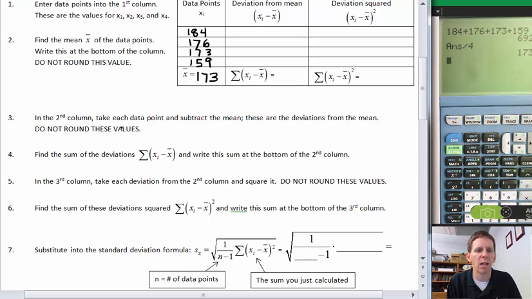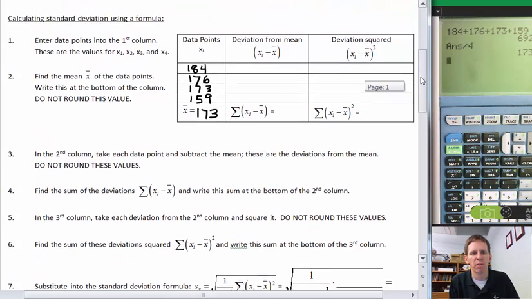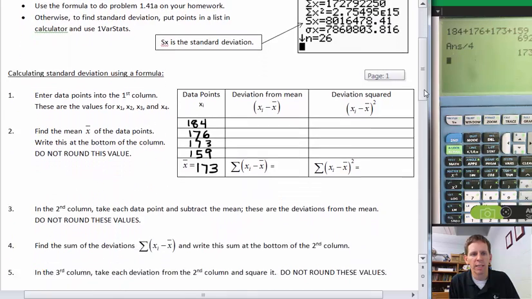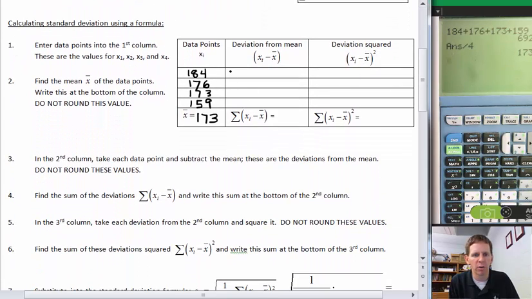Step 3, it says in the second column, we're going to take each data value and subtract the mean. These are the deviations from the mean. And you'll notice that's denoted by x sub i minus x bar. That is part of our standard deviation formula that you see right here. So we're going to subtract the mean from each of these numbers to calculate what's called the deviation. We're going to subtract these numbers so that the x sub i value is always listed first.